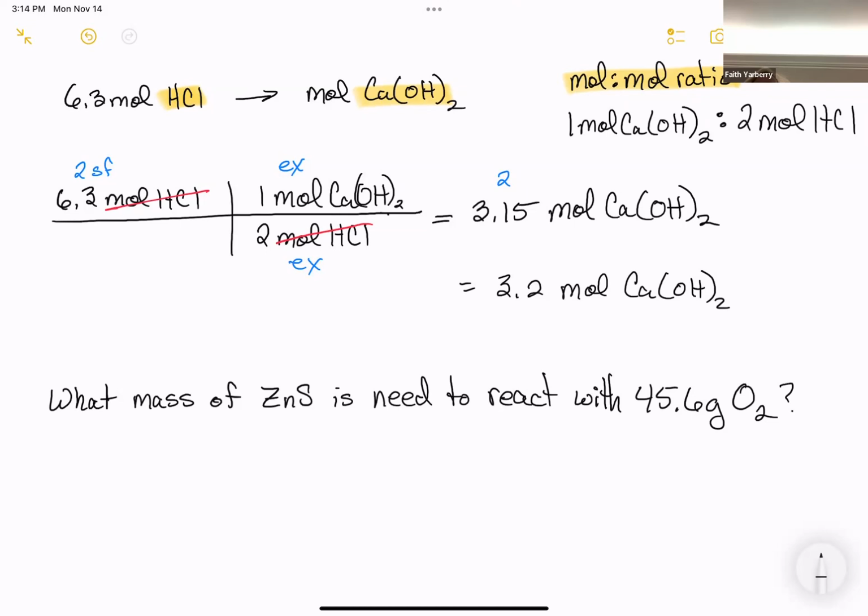And the reaction we're studying is zinc sulfide plus O2 goes to make ZnO plus SO2.